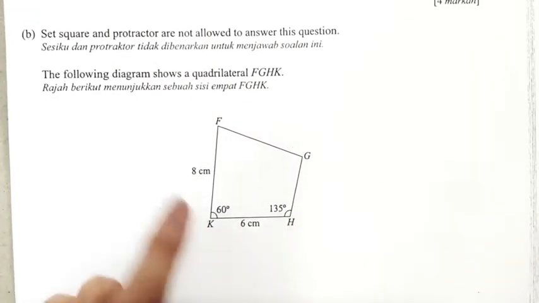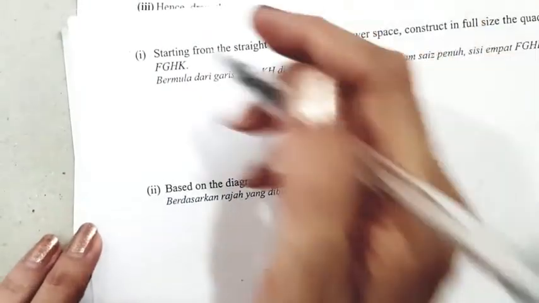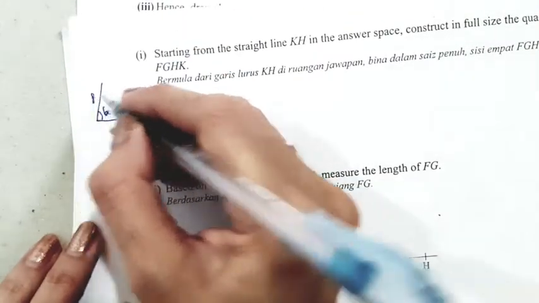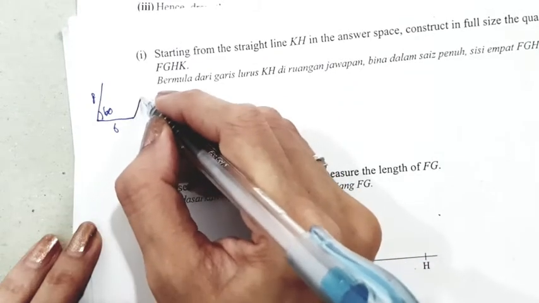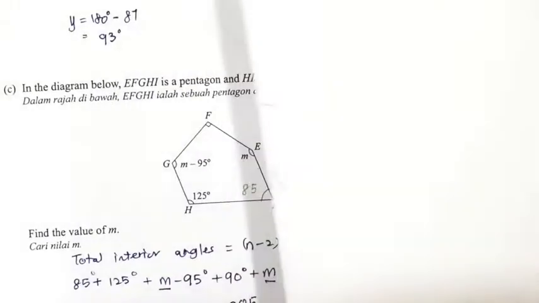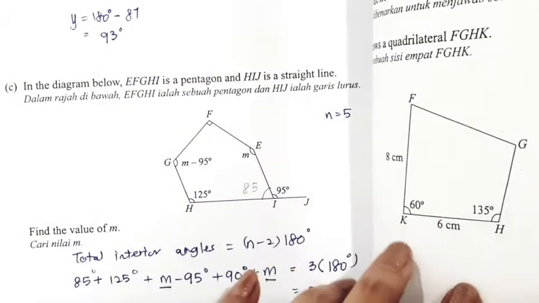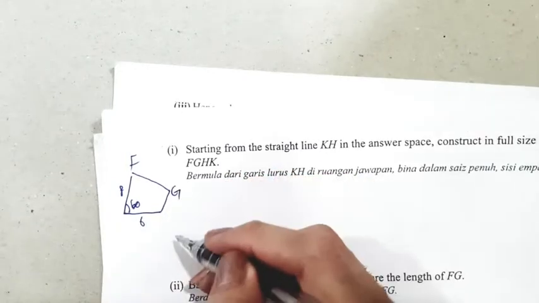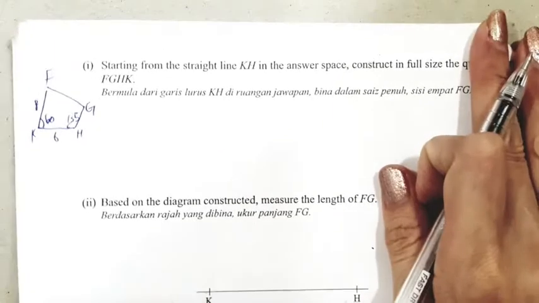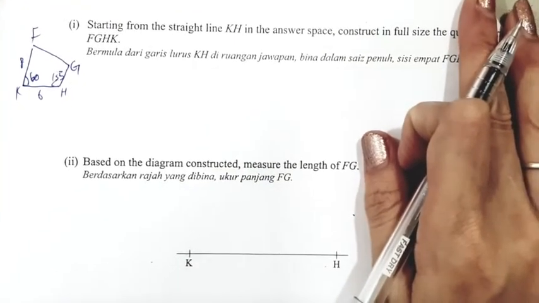Okay, so before I draw, I write it down, yeah, something like that. Okay, double check. FGHK, whereby this is 135. Okay, so that I do not need to keep flipping my page.